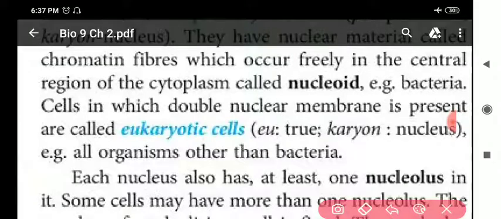That was prokaryotic. Eukaryotic is the cell in which the nuclear membrane is present. In which the nuclear membrane is not present, that is prokaryotic, and in which the nuclear membrane is present, that is eukaryotic, clear.